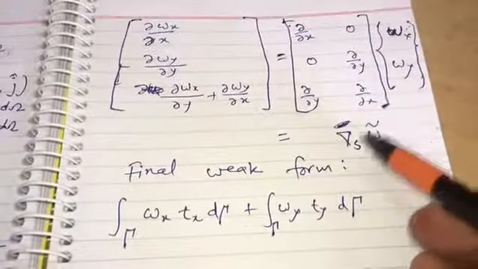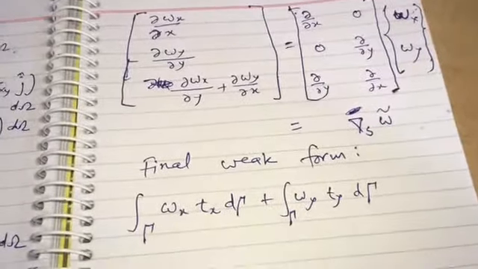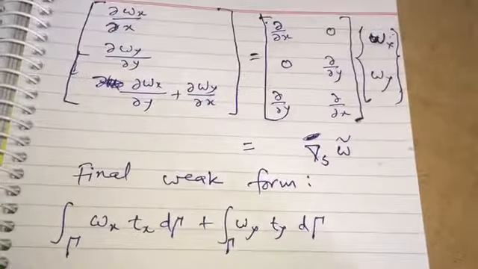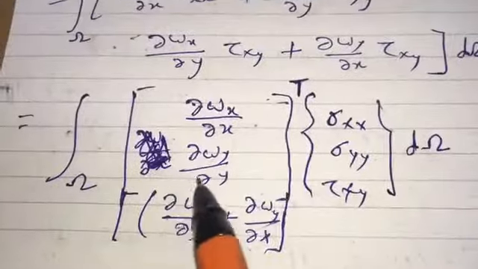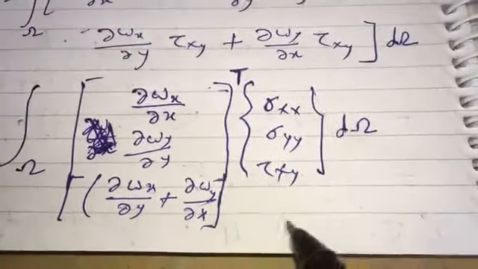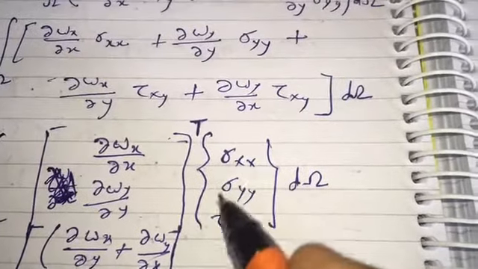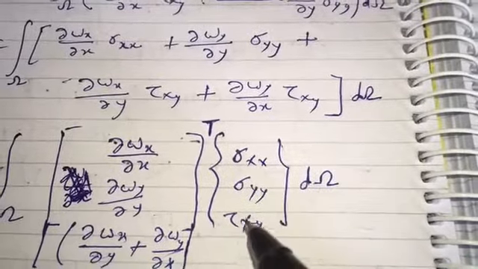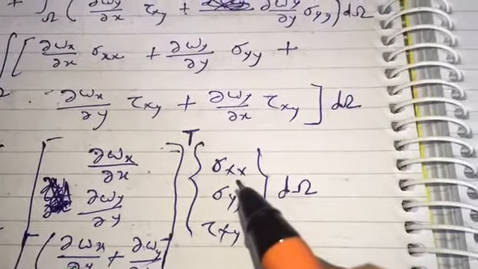The second term is this one, but it has to be a negative of that. So this is equal to this. However, the actual expression is this. So this is what the sigma, this is a sigma vector. So we also have to write the sigma vector basically.